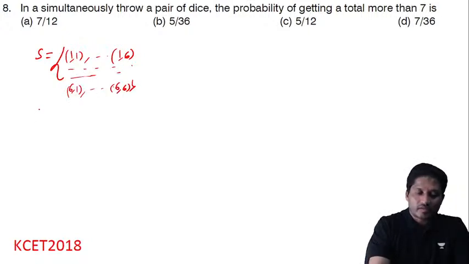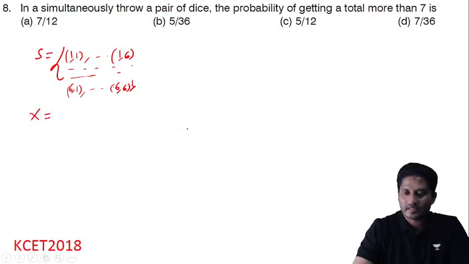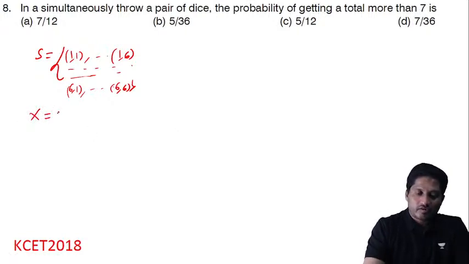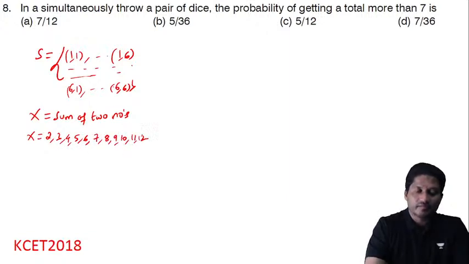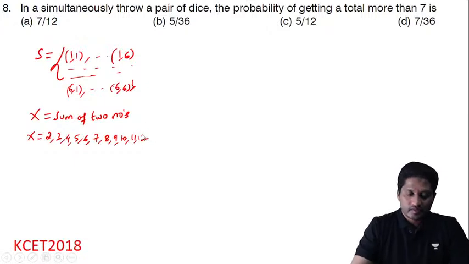X is the sum of the numbers on the dice. The minimum sum is 2 and the maximum is 12, that is 2, 3, 4, 5, 6, 7, 8, 9, 10, 11, and 12.